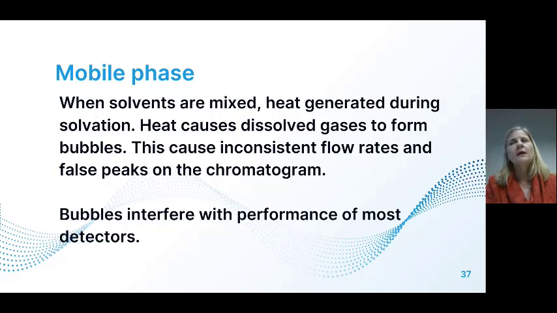In the process of mixing, you might have heat generated, and that would cause the gas that was dissolved in the mobile phase to come out of solution, and it forms bubbles. These bubbles will then travel through your column. This will cause inconsistent flow rate and false peaks on the chromatogram. So it's very important that you remove the bubbles, as they interfere with the performance of your detector as well as influence the flow rate.